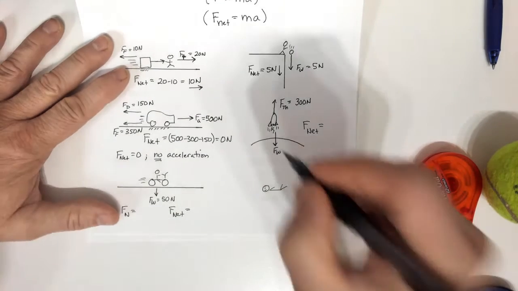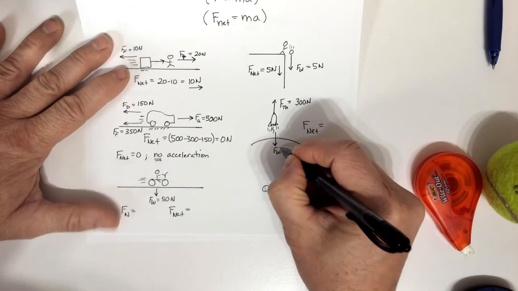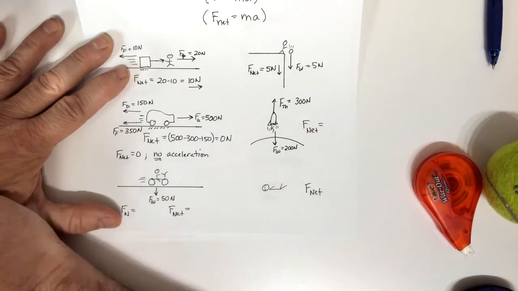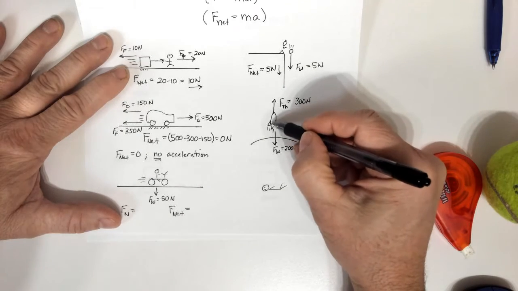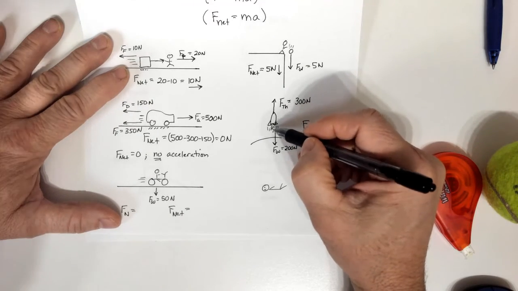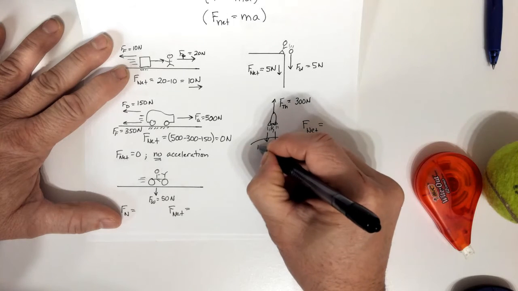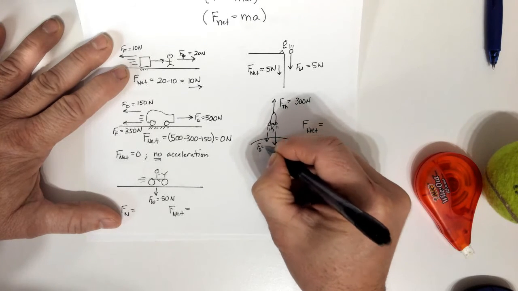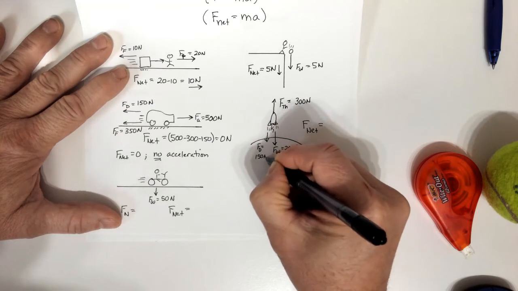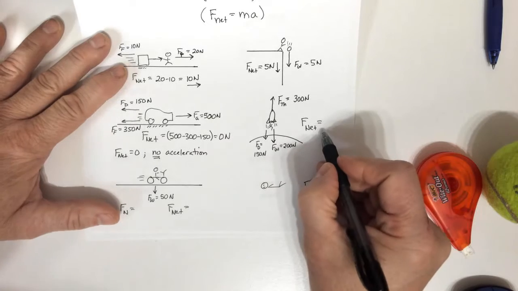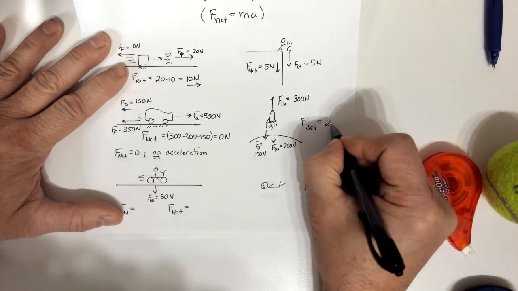And let's say it's 200 newtons. Okay? But there is drag on the rocket, because it is going through the air quite fast. And let's say force of drag is 150 newtons.